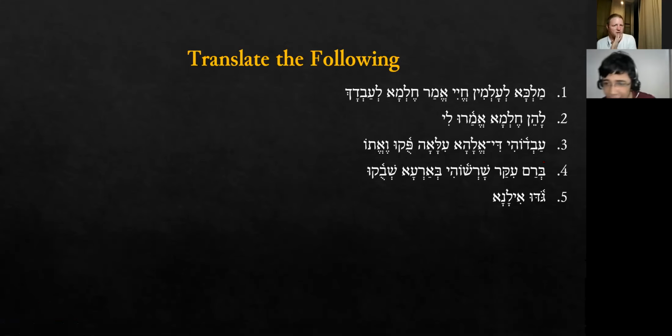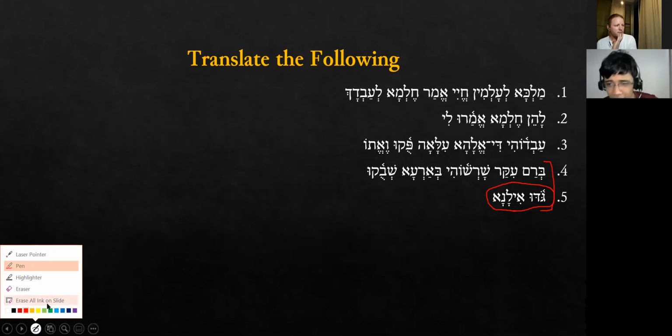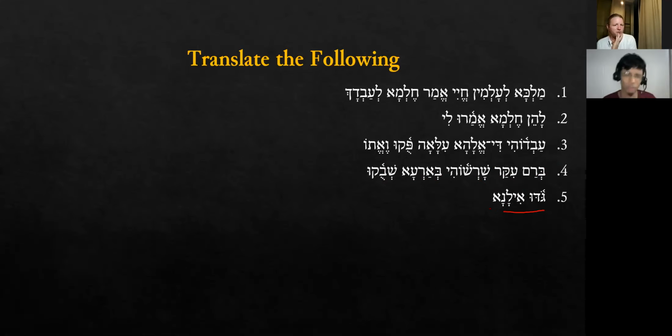Well, it goes with what we said just before. Go do ilana, veram ikar shoshoi be'ar'a shvuku. But the stump of its roots leave in the earth. But what do you do with the tree itself? Cut it down. Cut down the tree.